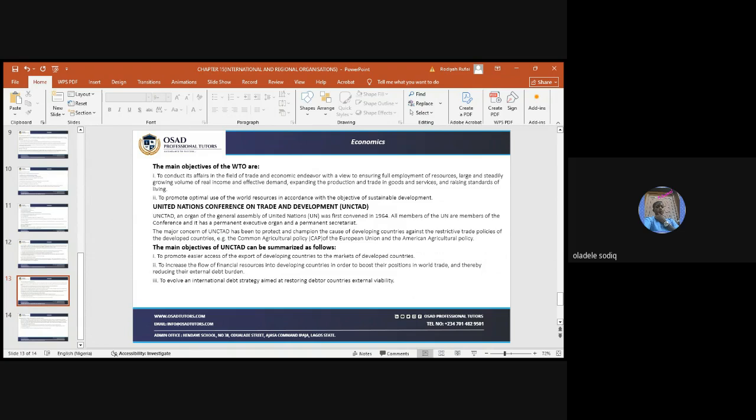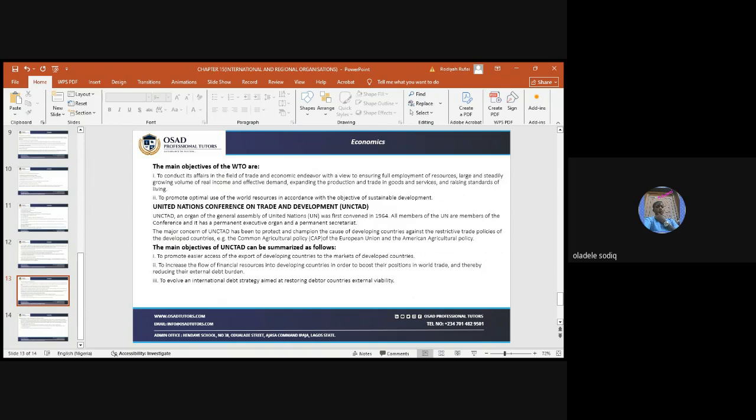Number one, to conduct its affairs in the field of trade and economic endeavor with a view to ensuring full employment of resources, and a large and steadily growing volume. Also, to promote optimal use of world resources in accordance with the objective of sustainable development. So all of these are what we classify as the objectives of the World Trade Organization, WTO.